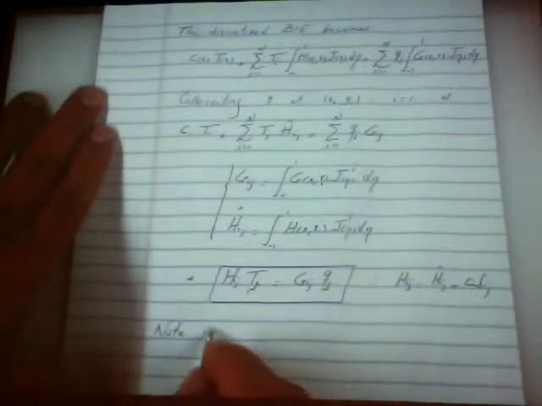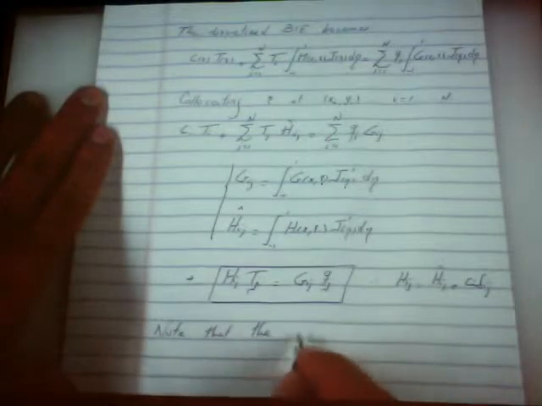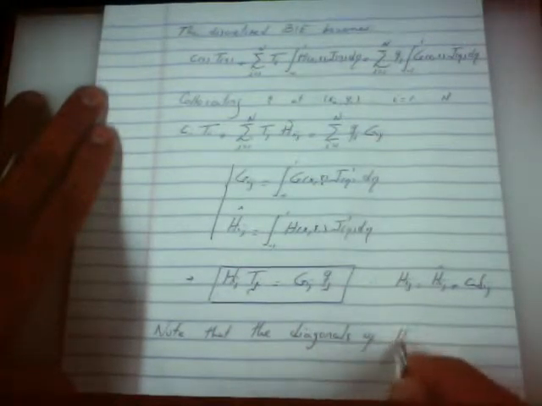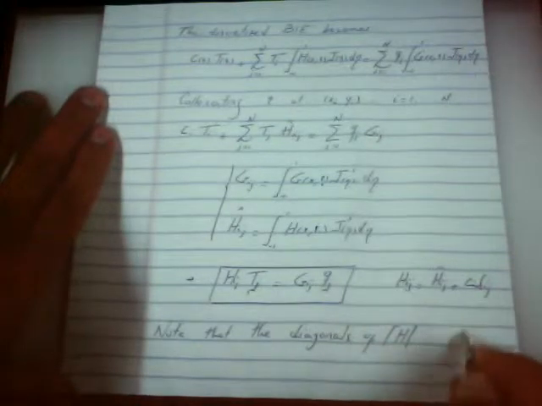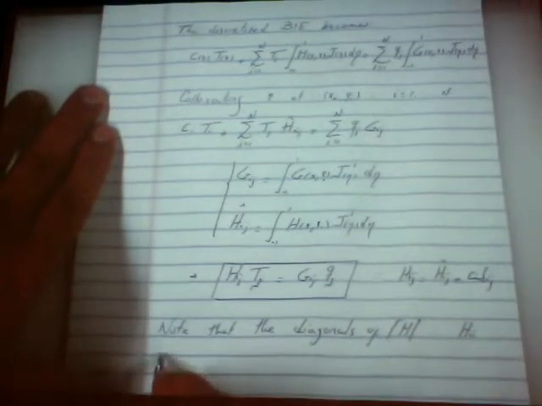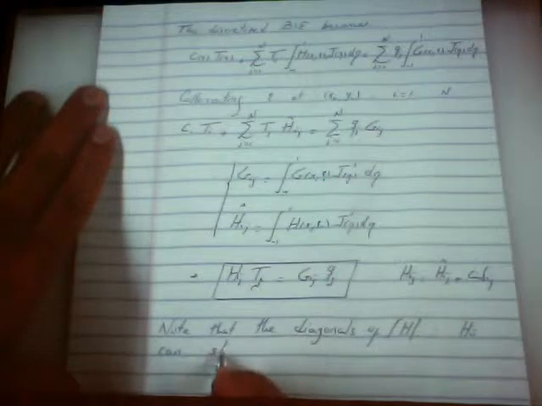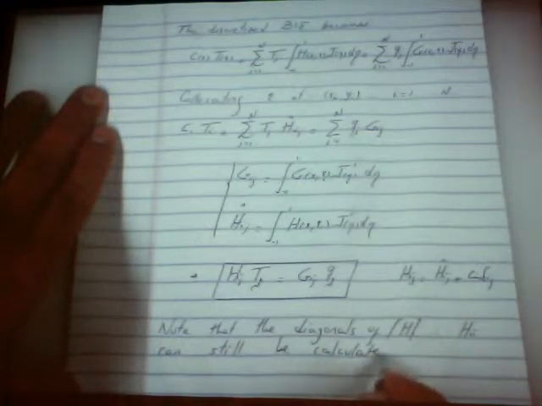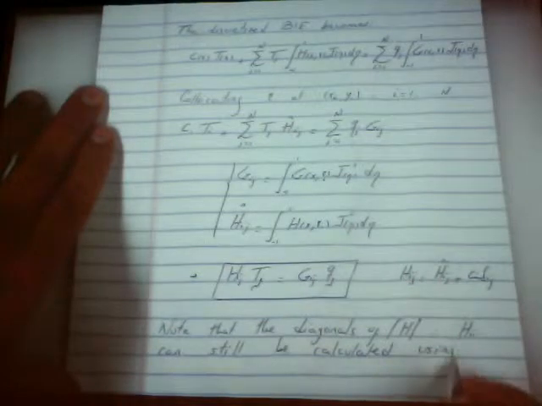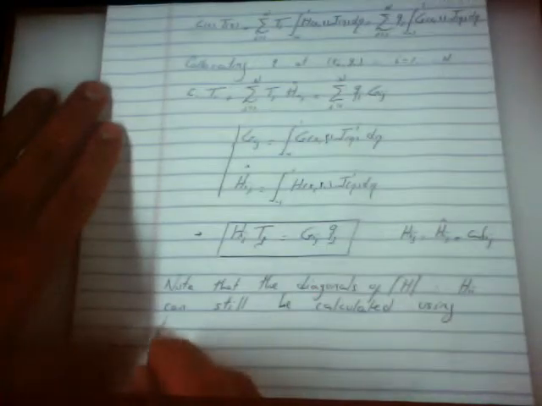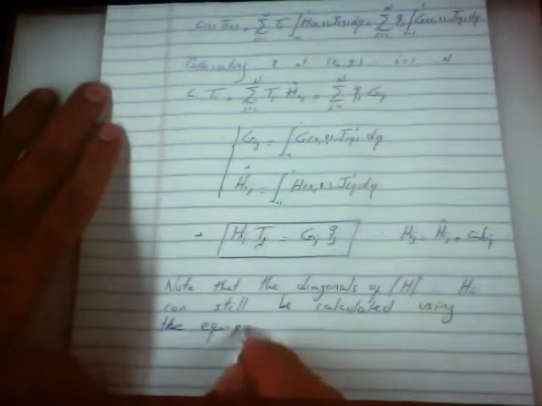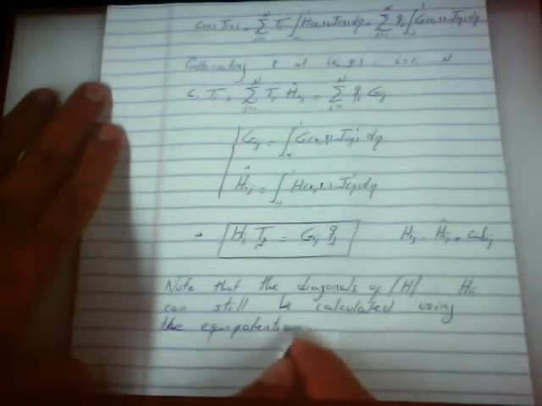Note that the diagonals of the matrix H, that is Hii, can still be calculated using the equipotential condition.